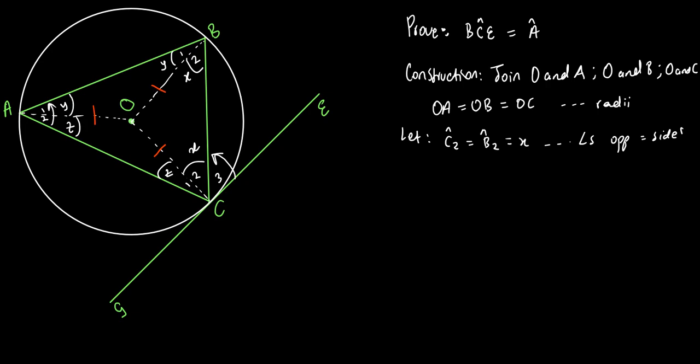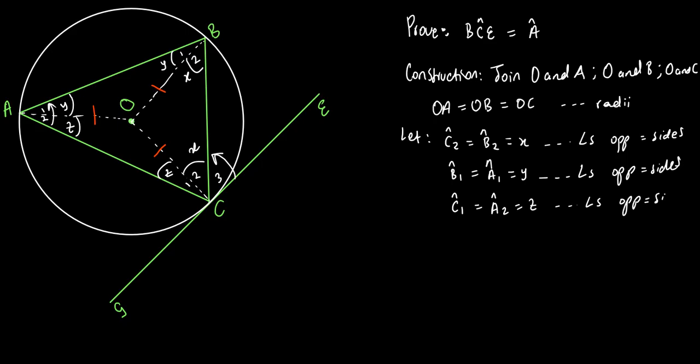Then B1 is equal to A1, and both are going to be Y, again angles opposite equal sides. Then you say C1 is equal to A2 is equal to Z. You still say angles opposite equal sides. Then from there, you are done with the standard procedure.